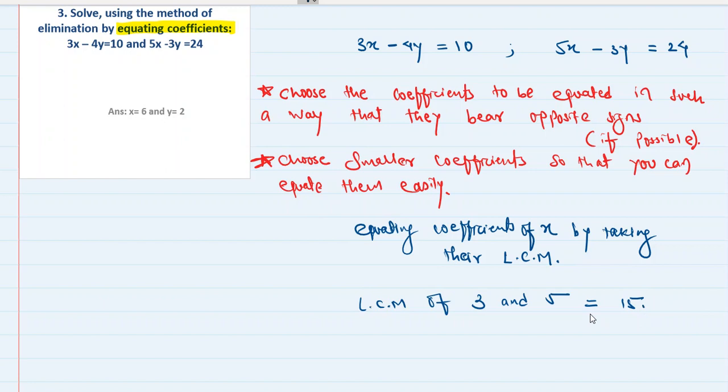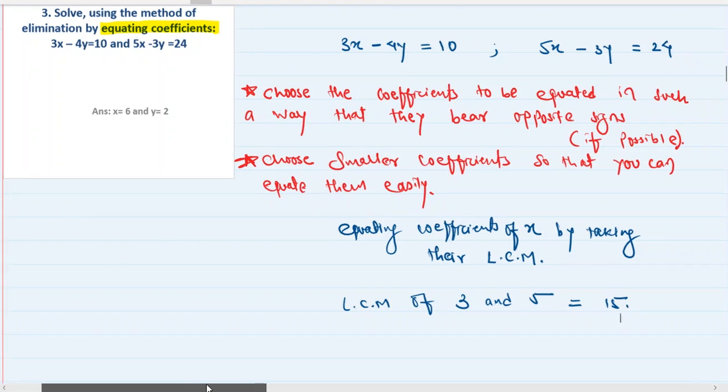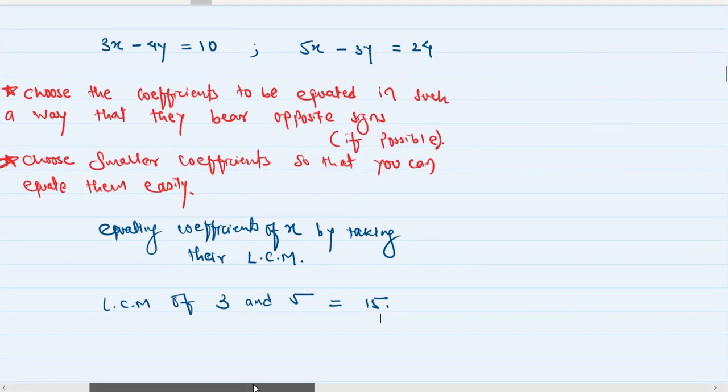Now how will we equate the coefficients? For equating the coefficients, we took the LCM. We first chose the coefficient of x to be equated. Now we took the LCM of the coefficients, that is 3 and 5, which came out to be 15. Now I have to make this 3 into 15 and this 5 into 15.